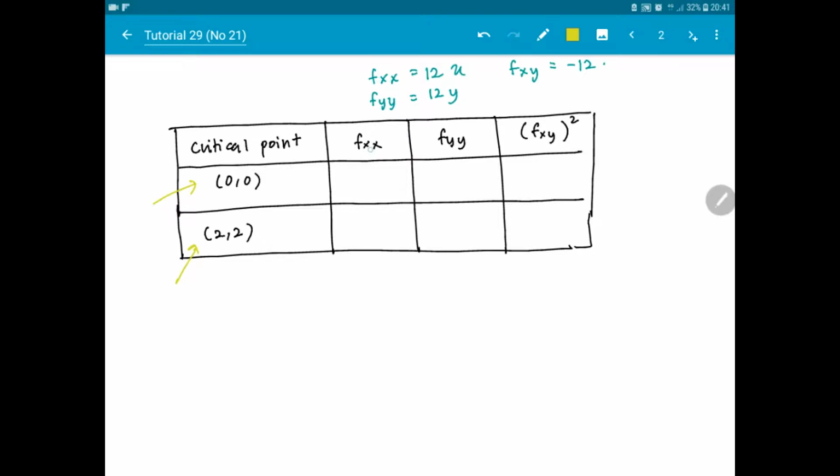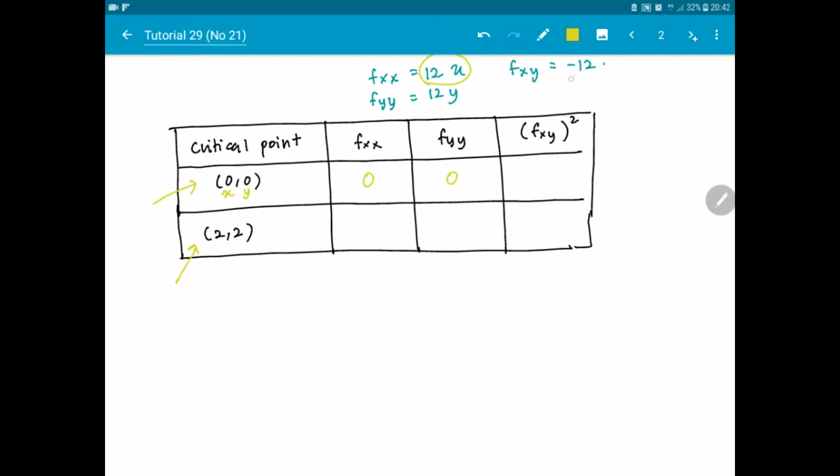Just look at this, fxx. We know that fxx is 12x, so just substitute the value of x, 0, so 12 multiplied by 0 equals 0. Now we want fyy. We know that it is 12y, so substitute the value of y, 0, into this one, so we will get 12 multiplied by 0, which is 0.